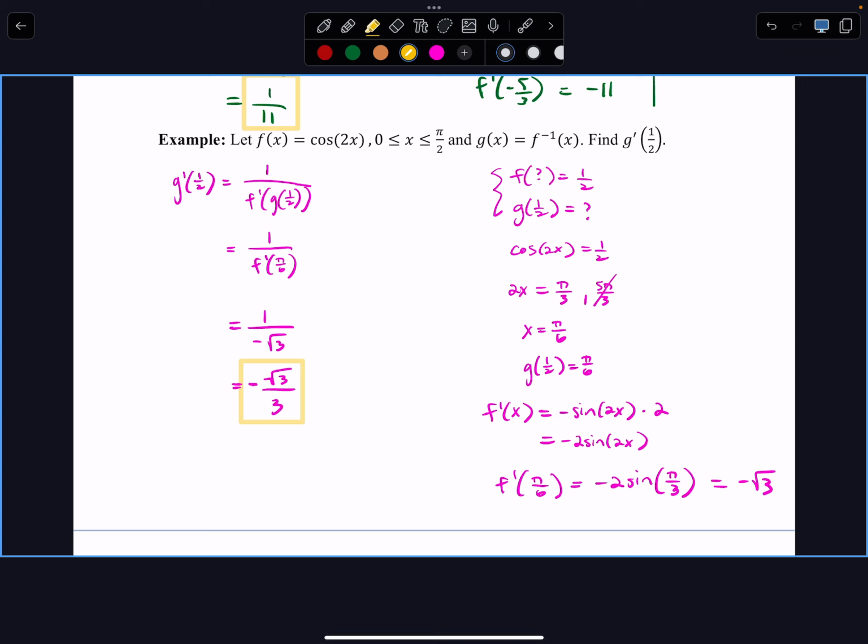What did we get, you guys? Or are we still working? Do we need another minute? We need another minute. You're telling me sine of pi over 6 times 2, right? Which is sine of pi over 3.